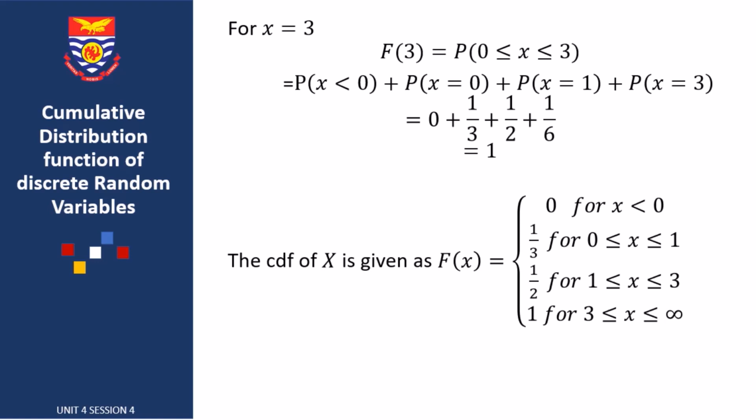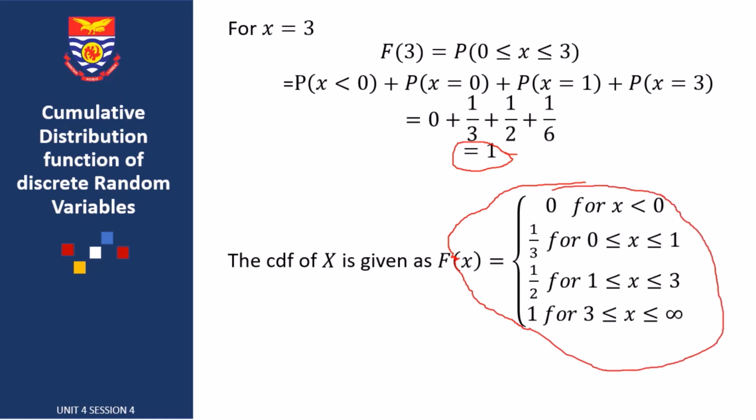And summing up everything, we have 1. So the CDF could be given as this, as you could see in this table, as what we just discussed, giving all those intervals. Quite interesting, right? We could compare again and see.